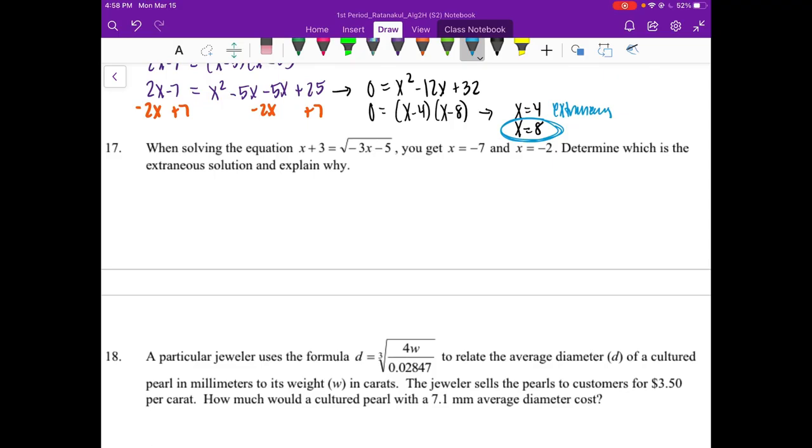17. When solving the following equation, you get x equals negative 7 and x equals negative 2. Determine which is the extraneous solution and explain why. So I'm going to go ahead and plug in each of these values and see if they are true in the equation.